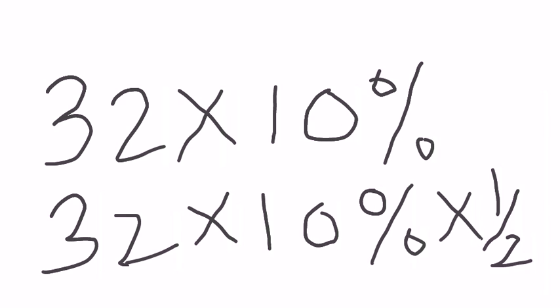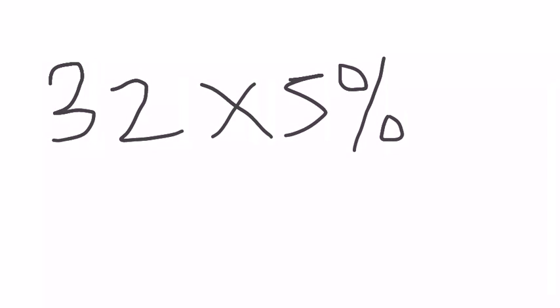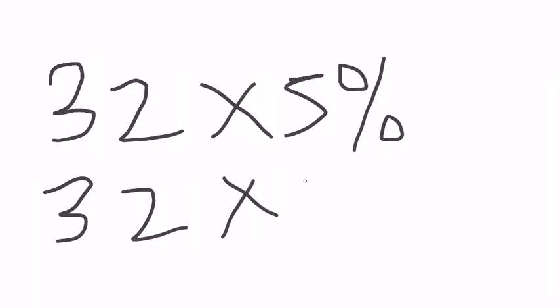Then you will be able to calculate 32 multiplied by 5%, right? And in the end, what you need is basically 32 multiplied by 105%.